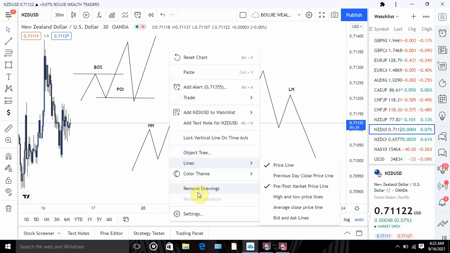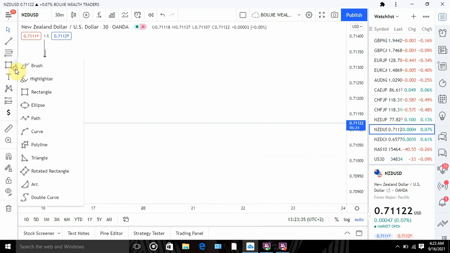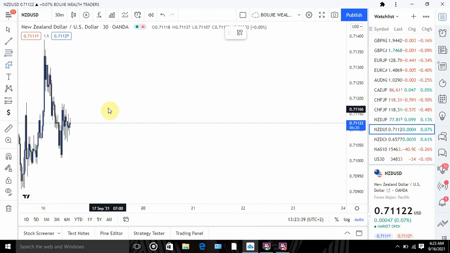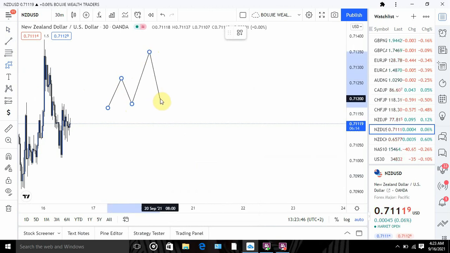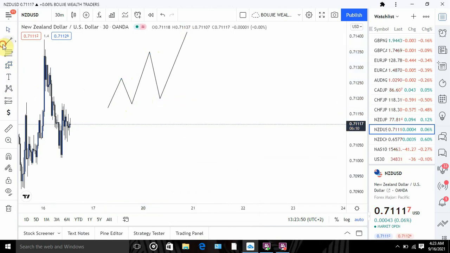So if you can notice, this is the manipulation of support and resistance. If you can notice, this is the manipulation of support and resistance.